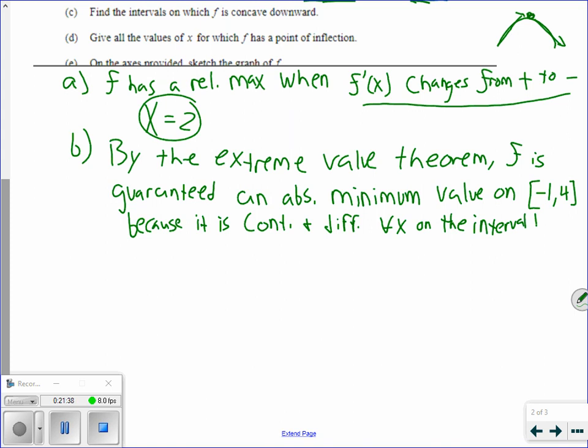Okay? So by the extreme value theorem, f is guaranteed an absolute minimum value on -1 to 4 because it is continuous and differentiable for all of x on the interval. That's the extreme value theorem. So we know we're guaranteed an absolute minimum.